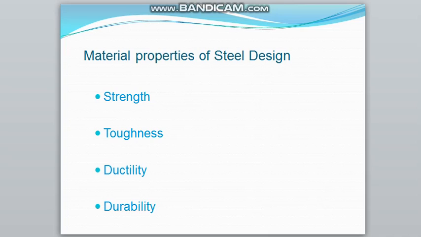Durability is defined as the ability to withstand wear and tear through weathering and corrosive attack, etc. Increased distortion of planes and structures decreases the corrosion resistance of the material. So simply, durability is the ability of a material to withstand wear and tear and corrosive attack. These are the material properties of steel design.